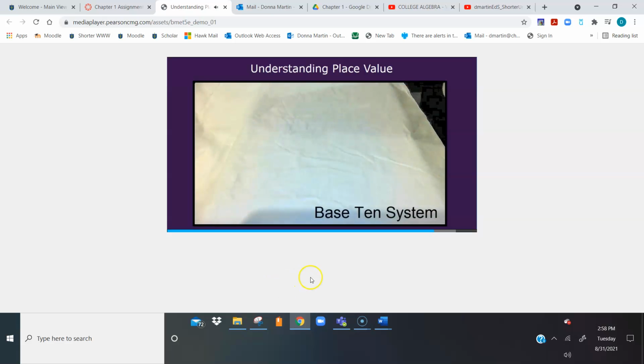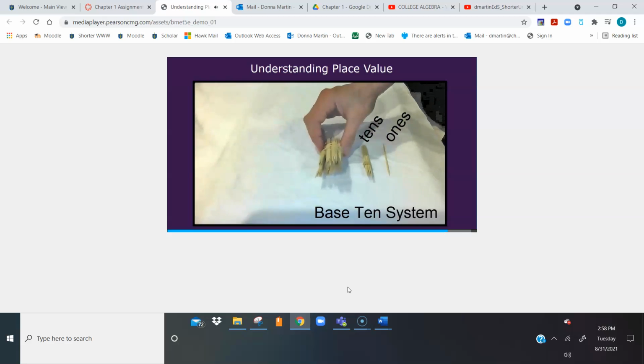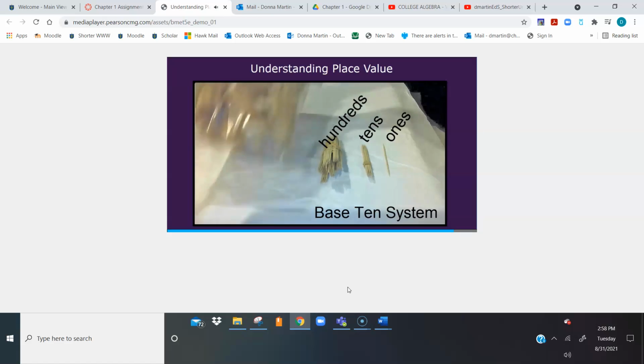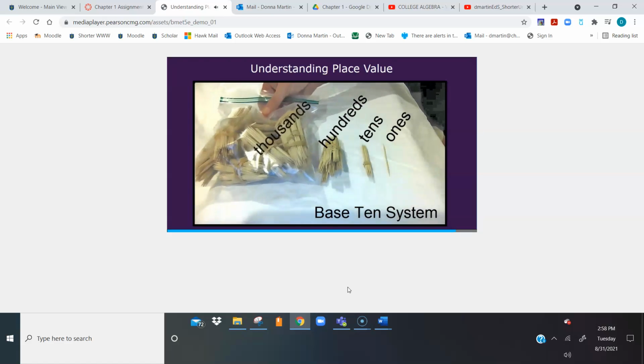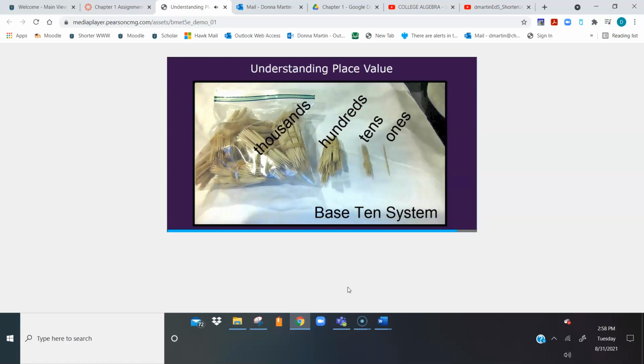In the base 10 system, we can keep bundling in groups of 10. This makes new units, which are values of places. So we start with 1. 10 ones makes a new unit, a unit of 10. 10 tens makes a new unit, which is a unit of 100. 10 hundreds makes a new unit, which is a unit of 1,000. 10 thousands makes a new unit, which is a unit of 10,000.